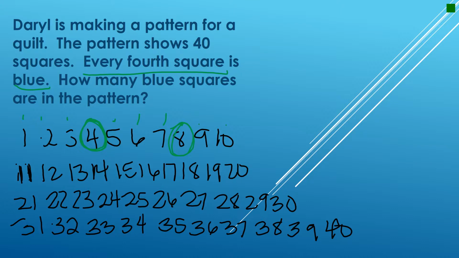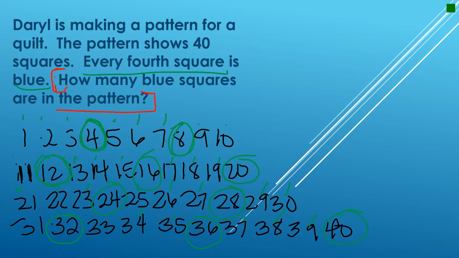Count again, 1, 2, 3, 4, fourth square is blue. I keep counting this way, in groups of four, all the way through the squares.